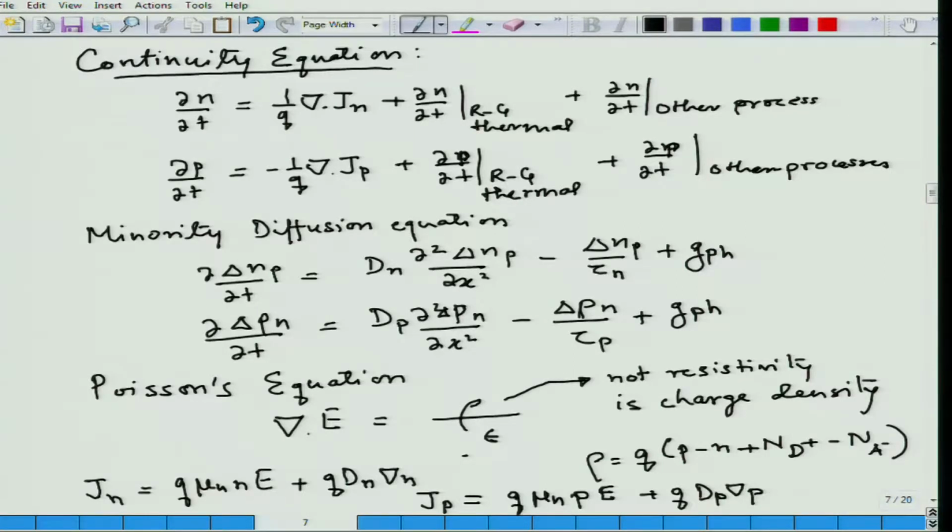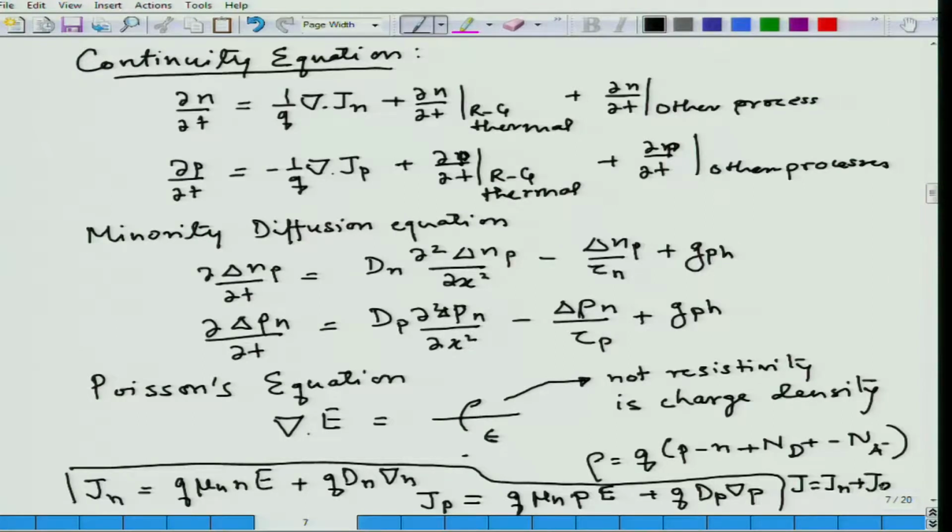And finally, for the total current, I am going to add these two up. So, the total current is the current due to the electrons plus the current due to the holes in a semiconductor system.